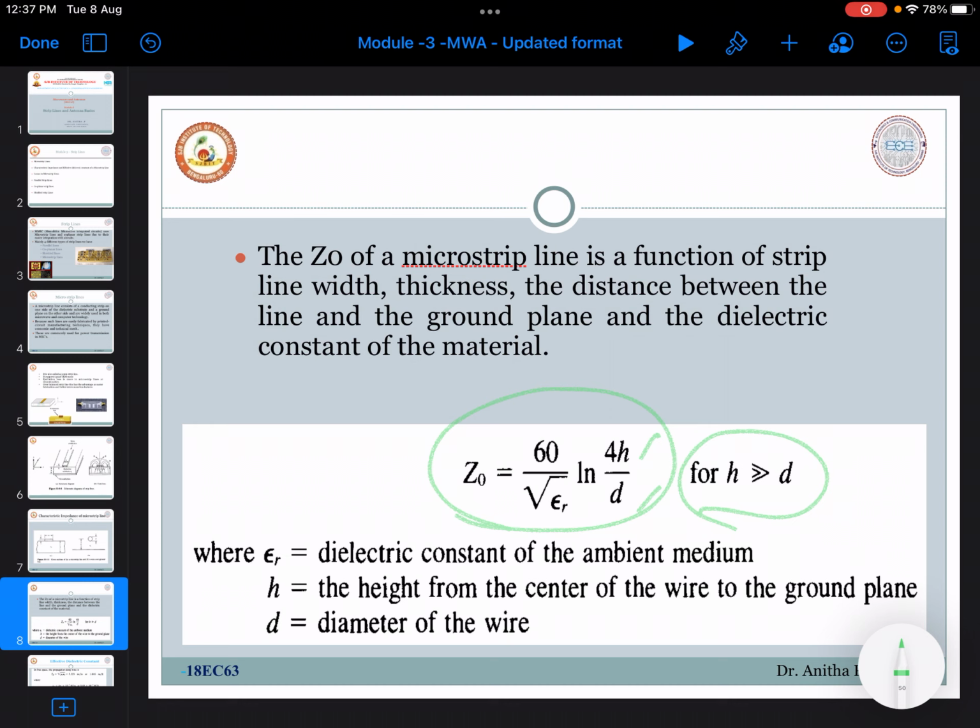Z0 of a microstrip line is a function of the strip line width and thickness, the distance between the line and the ground plane, which is h, and the dielectric constant epsilon r. D indicates the wire diameter in the circular case, and h indicates the distance.